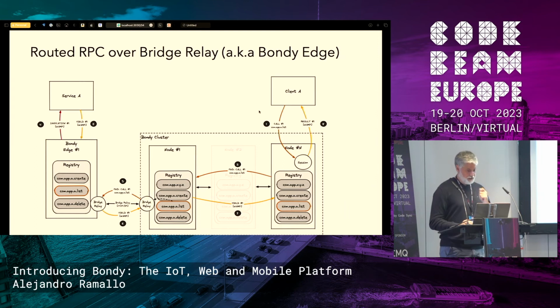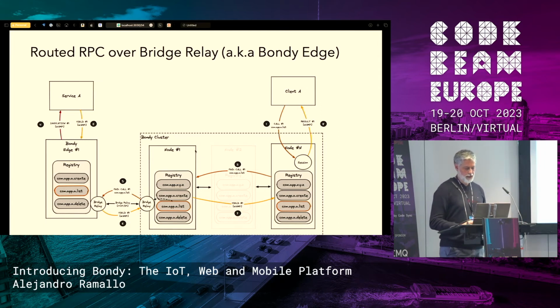Now, the other thing that we added last year is what we call bridge relay or Bondy edge. The idea is, what if I want to run Bondy on a Raspberry Pi at an office, factory, or location, but I want all the RPCs and topics and events happening there, or some of them, to be externalized and accessible outside of the factory.